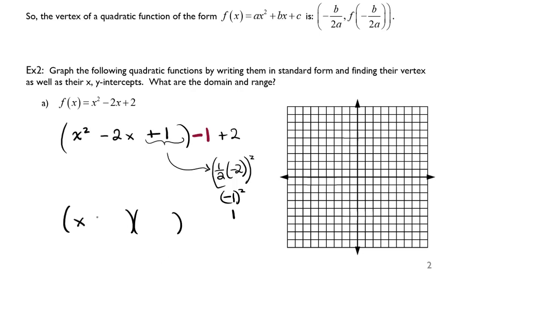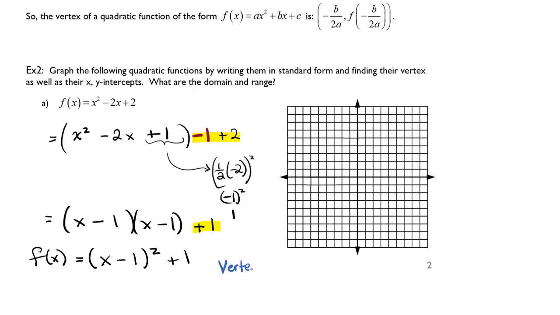Now I can factor x squared minus 2x plus 1. I know that factors to x minus 1 times x minus 1, plus 1 if we combine the terms on the outside. So negative 1 plus 2 is plus 1. Writing this in simplified form, I have x minus 1 squared plus 1. This is my function f of x in standard form.